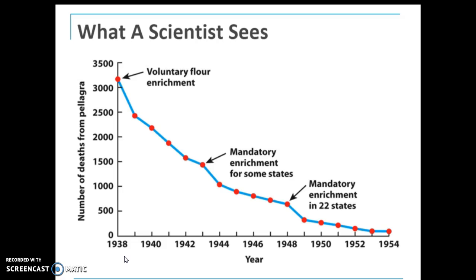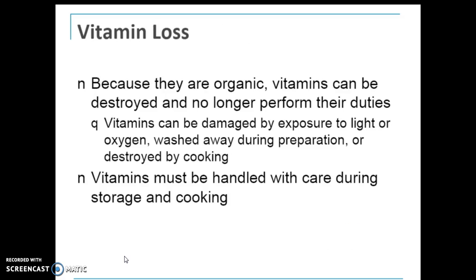A similar thing, I slipped and said folate before: folic acid fortification in bread has also led to decreased deficiency symptoms, including pregnant women having babies with spina bifida, which we'll talk about in a little bit.